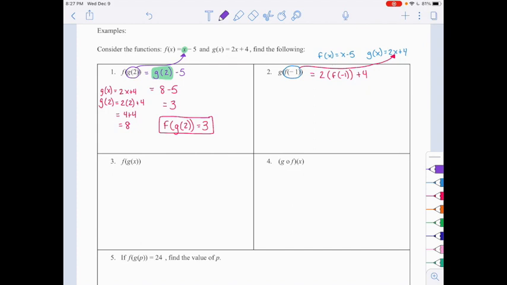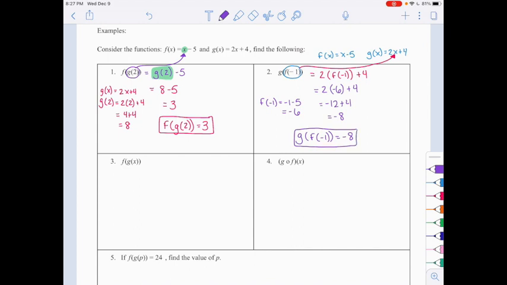In order to simplify this, I need to figure out what f of negative 1 is. That's going to be negative 1 minus 5, negative 6. So this is going to become 2 times negative 6 plus 4. It's negative 12 plus 4, which is negative 8. So g of f of negative 1 came out to be negative 8.